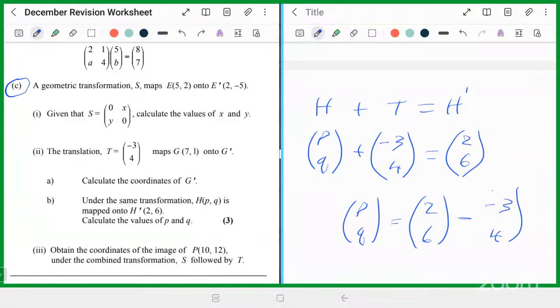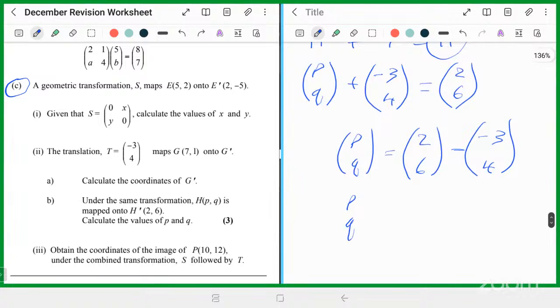What we have really done is apply the inverse of the translation. You could have thought of it that way as well. If the translation takes you from H to H prime, then the inverse will take you from H prime back to H. The inverse of a translation is the negative translation. That is it. But you can just do it like this as well.